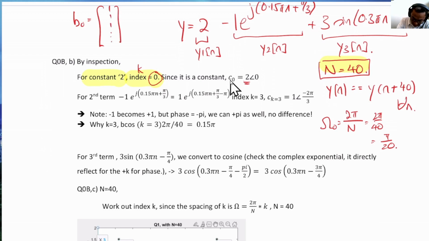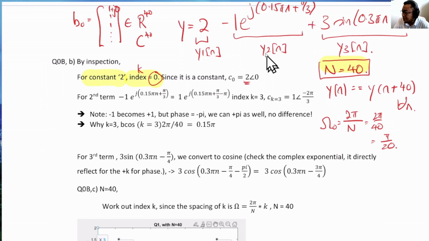How many of them? In this example, there will be 40. Actually, I should write it as a complex number, but the imaginary part is 0. That's the reason. So b0 is all 1s, 40 of them. Multiplying by 2 angle 0 will give you 2 for 40 samples.